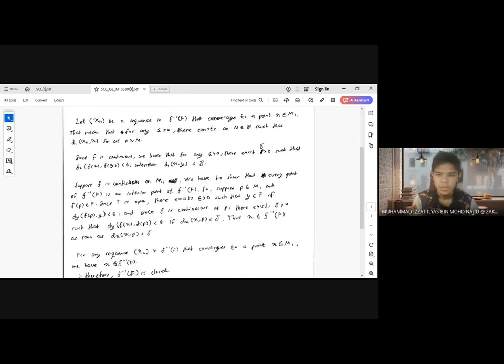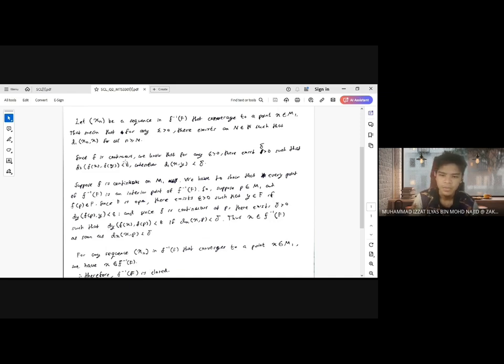So the answer is, let x_n be a sequence in f inverse of F that converges to the point x in M1. That means for any epsilon greater than 0, there exists n such that d1(x_n, x) is less than epsilon for all n.